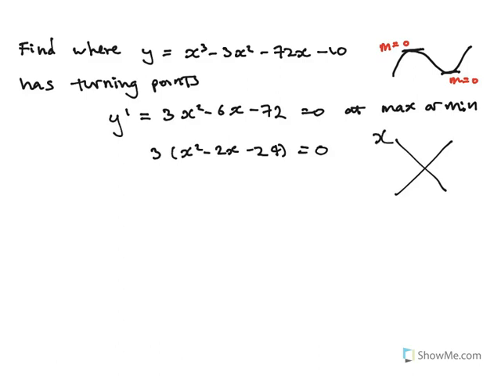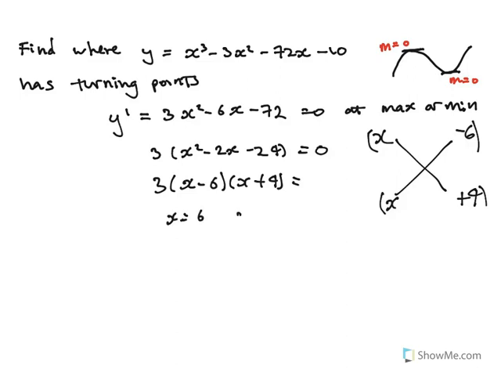I get x minus 6 and x plus 4. And that means that x equals 6 and x equals negative 4 at the turning points.